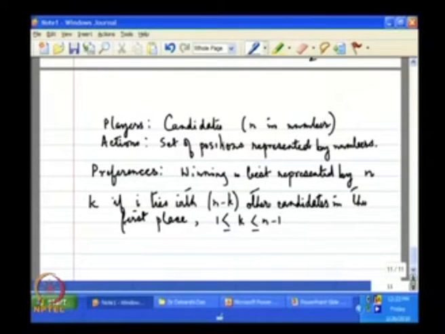So, this is the winning and this is the tying. If I tie, then I get k.